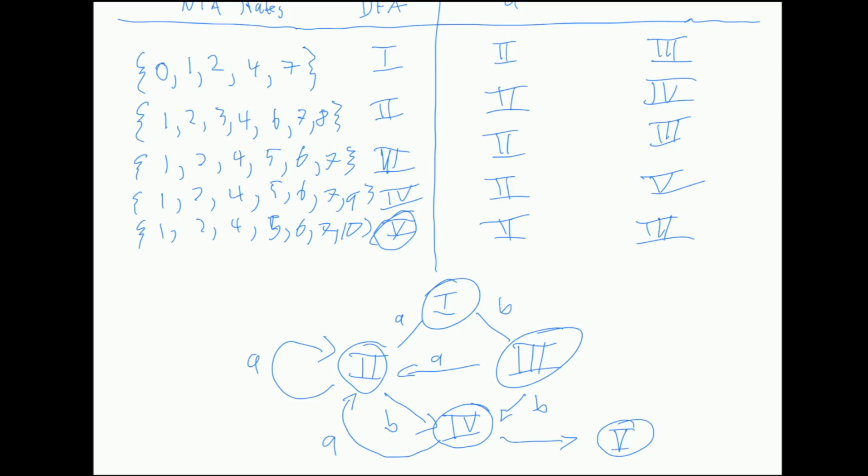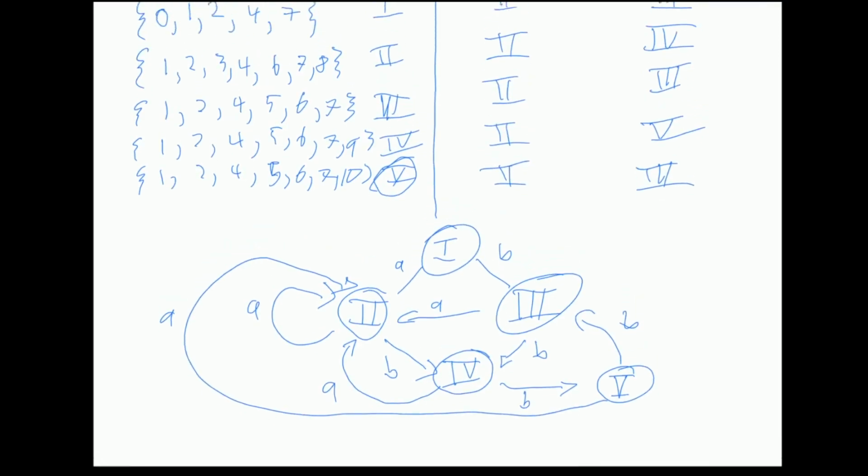It'll go to state 5 if it sees a B. And state 5 will go back to state 2 if it sees an A, and back to state 3 if it sees a B.